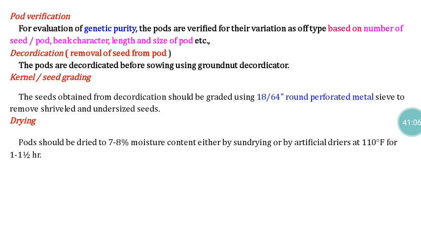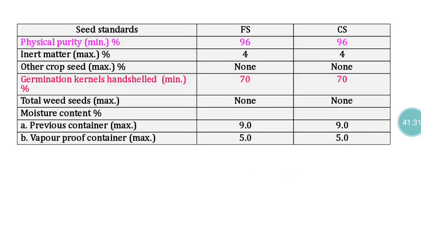Here we set the moisture content at 7 to 8%, either through sun drying operations, or if you are aiming to reduce the moisture through machines or an artificial way, then you have to use 110 degrees Fahrenheit for about 1 to 1.5 hours. You must be very careful with reference to the temperature as well as the duration of exposure when drying groundnut kernels.